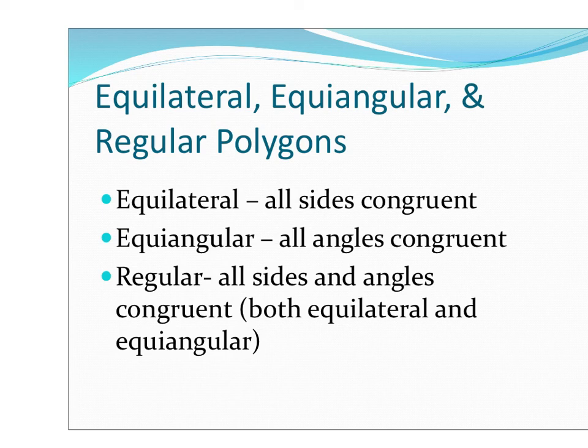And then when you see the word regular in front of a polygon, like a regular triangle or a regular quadrilateral, know that all sides and angles are congruent. So in other words, it's going to be both equilateral and equiangular. The word that you're going to see used a lot is the word regular. Pretty good.